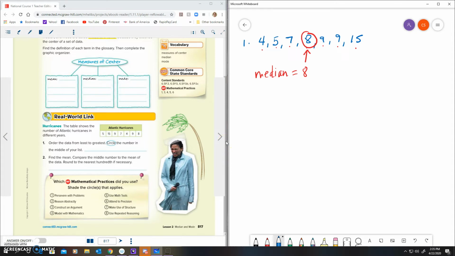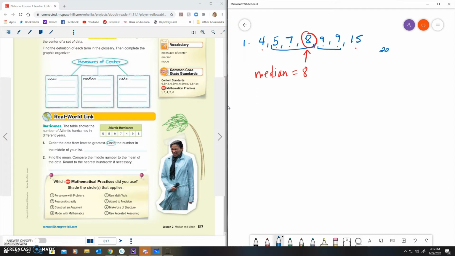Okay. Now, it says find the mean. We've done that before in the last lesson. The mean, we want to add them up and divide by the number. So there are 7 here, so we add them up, and that gives us a total of 57. So we've got 9 plus 7 plus 50. So, okay, so let's do it this way. So this right here, that's 20. Okay, that's 18.